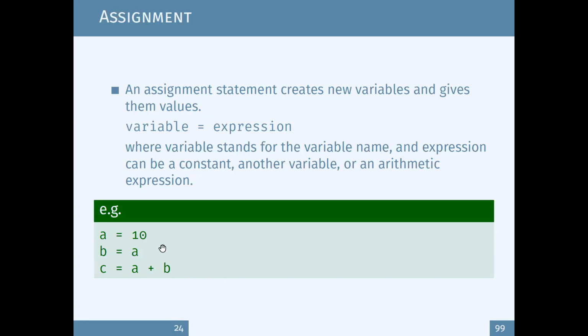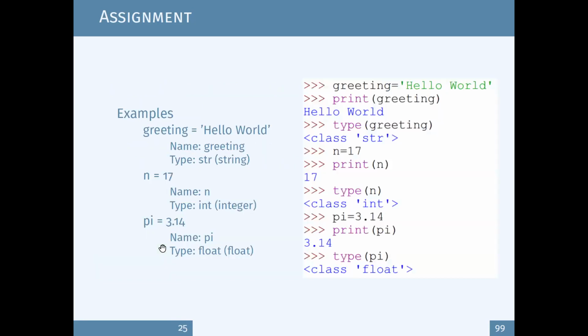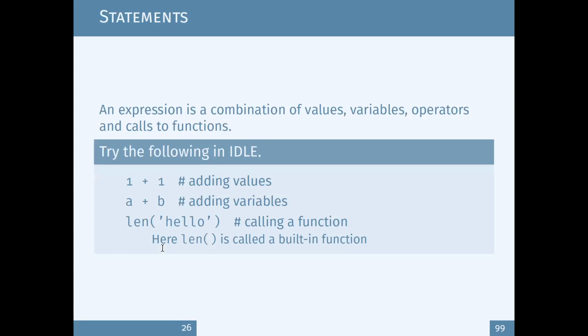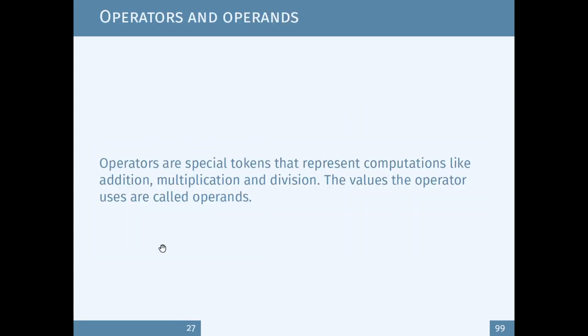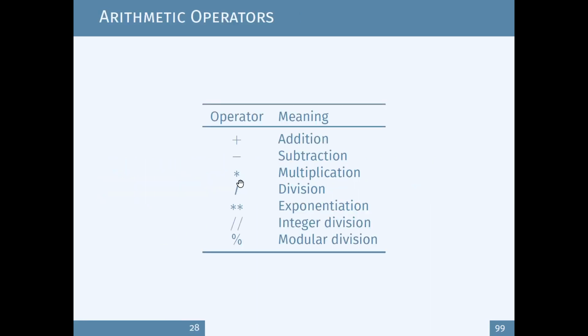And then we discussed assignment, especially how a variable stores values inside it. And then we also discussed Python statements, operators and operands. Under that, we covered arithmetic operations. So these are the symbols used for addition, subtraction, multiplication, division.